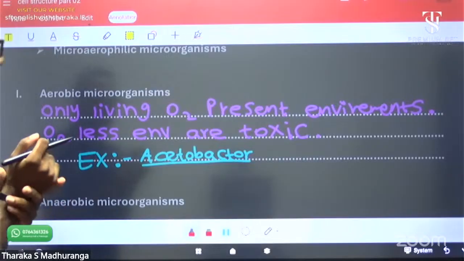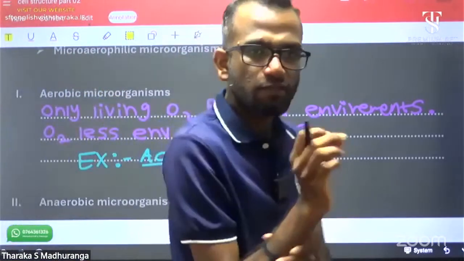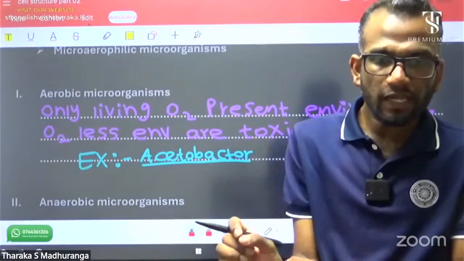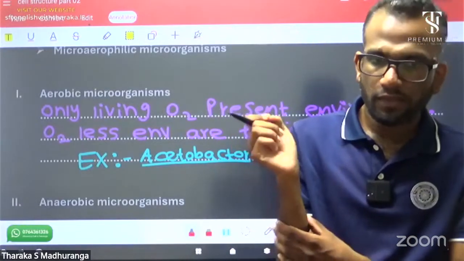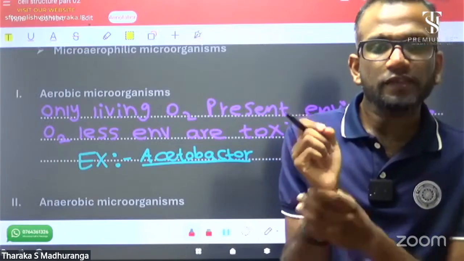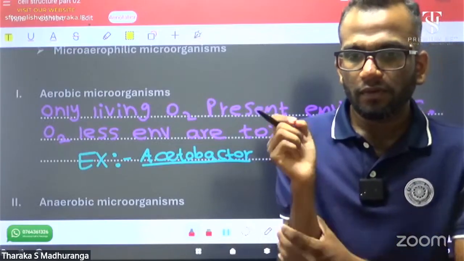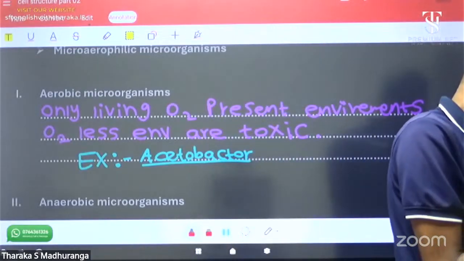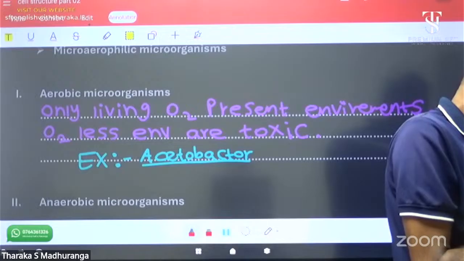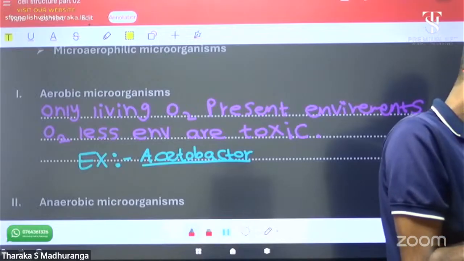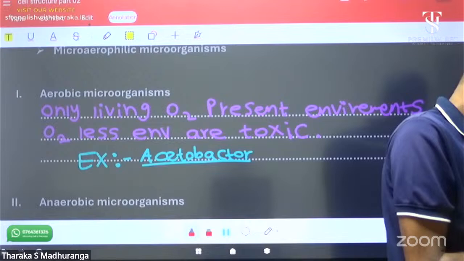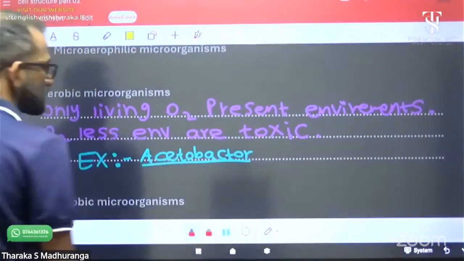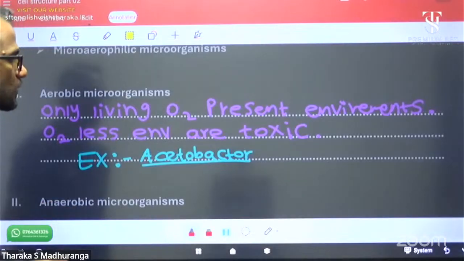Remember now, aerobic microorganism means they only live in oxygen-present environments. If it is an oxygenless environment, it is toxic. Clear? Acetobacter is the example.